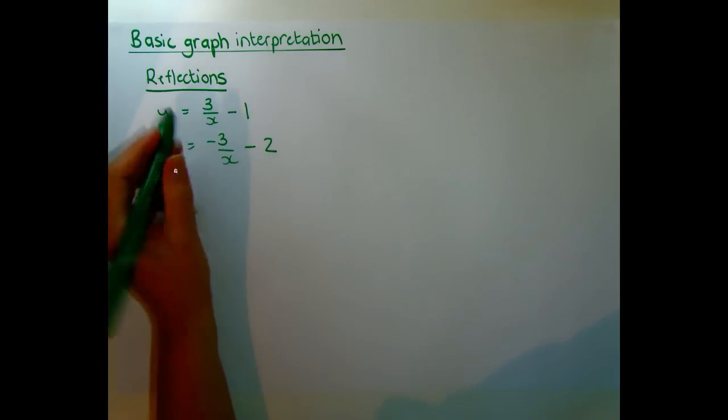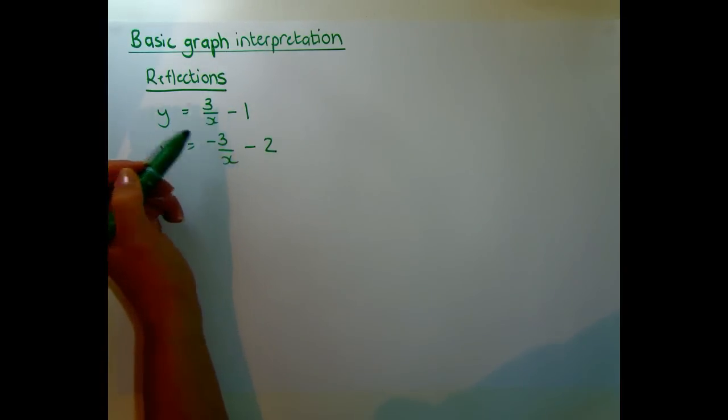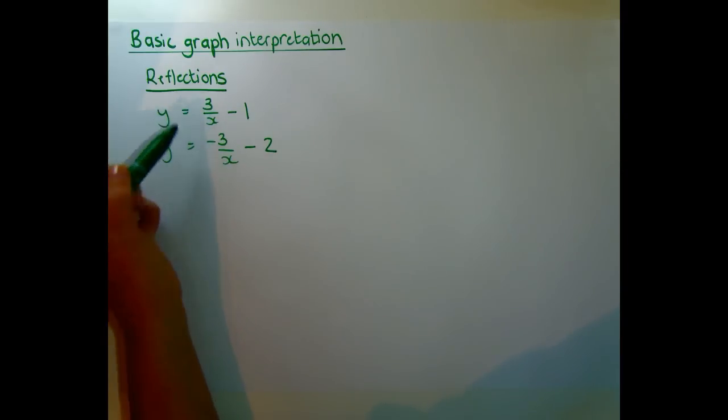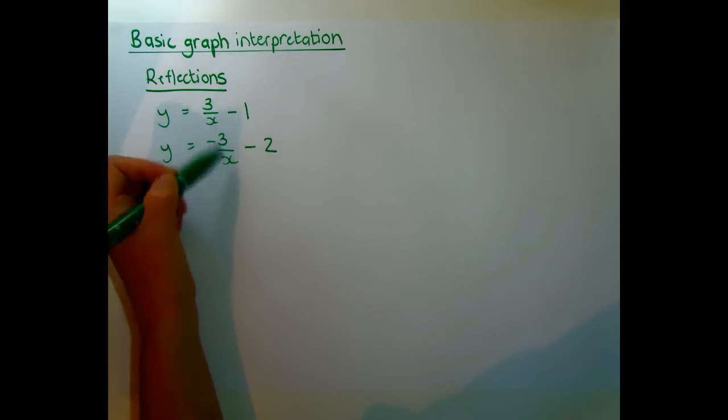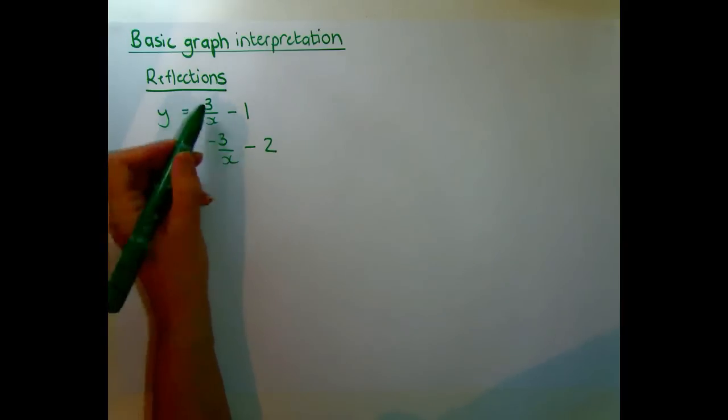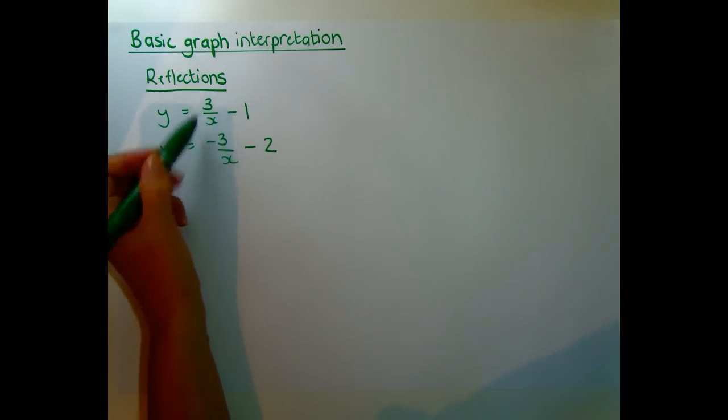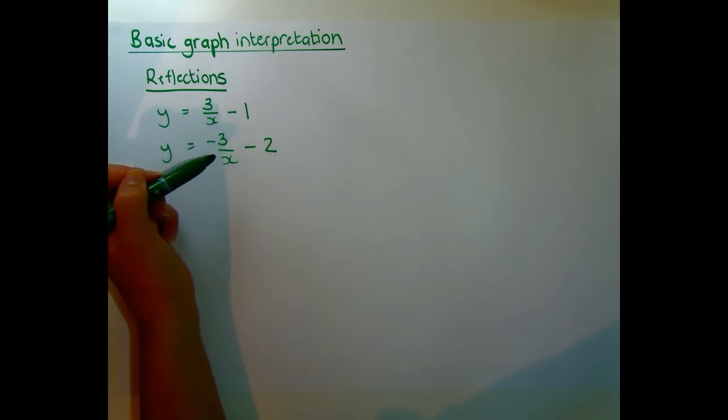Now what's happened to get from that one to that one? Without even drawing the graphs and without even having a sketch, we can figure out what's happened. Okay, so this means because the a value has gone negative, it means it's been reflected in the x-axis.